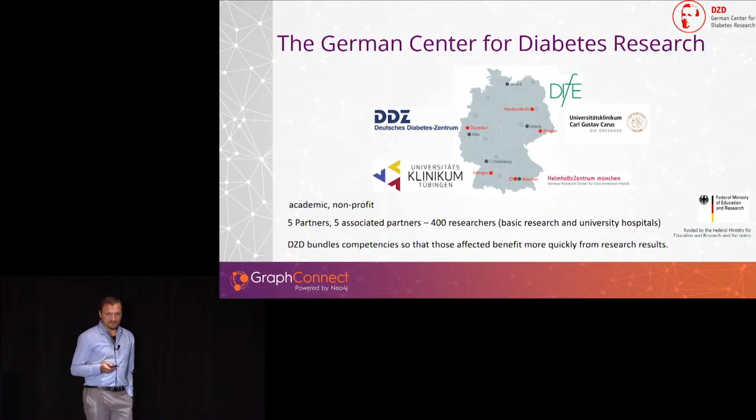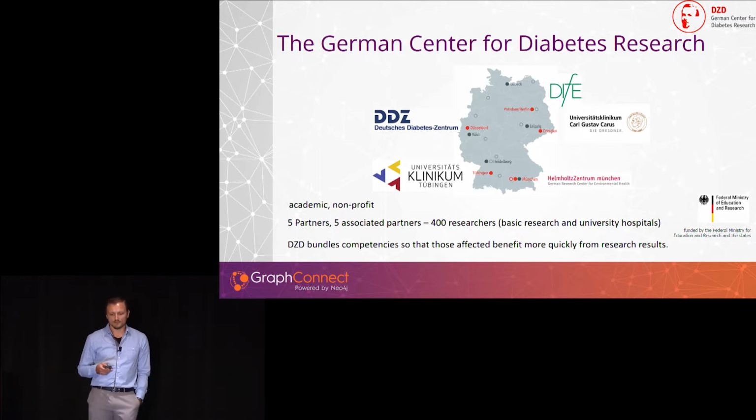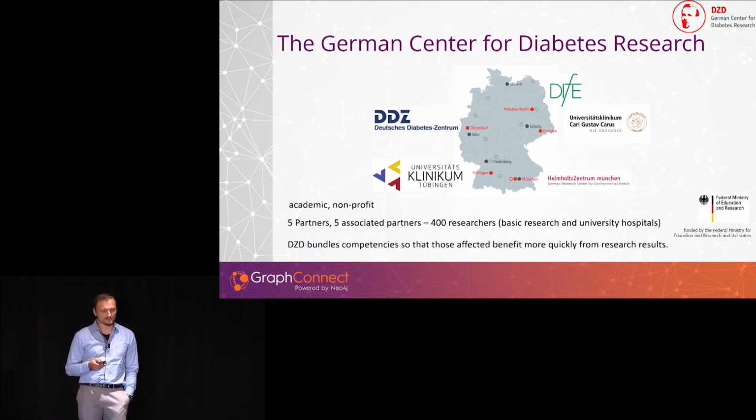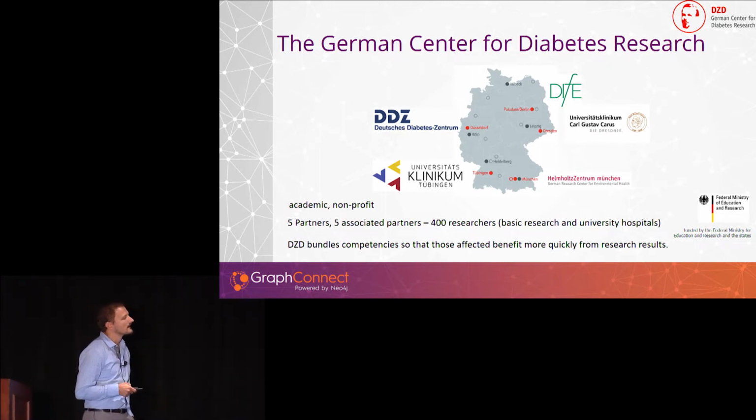So we are the German Center for Diabetes Research. We are a federal institute or organization that is academic and non-profit. We are funded by the Federal Ministry of Education and Research and by the states. We consist of 5 main partners depicted here in Munich, Tübingen, Düsseldorf, Berlin, Potsdam, and Dresden.